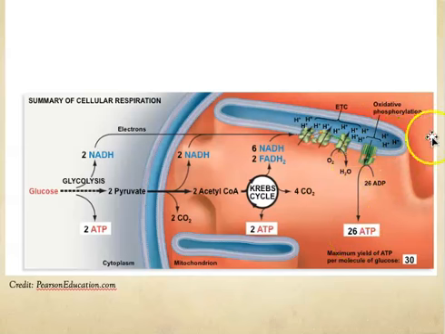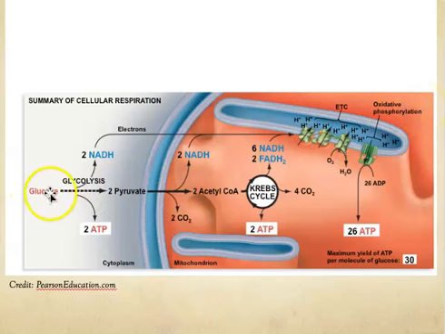This is oxidative phosphorylation. Now, something to note, this is important. The reason we call this oxidative phosphorylation has nothing to do with this oxygen molecule. This word oxidative refers to oxidation reduction.